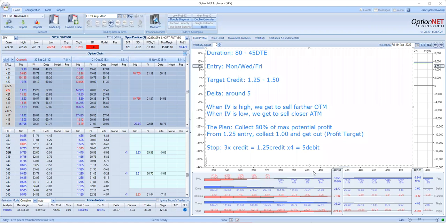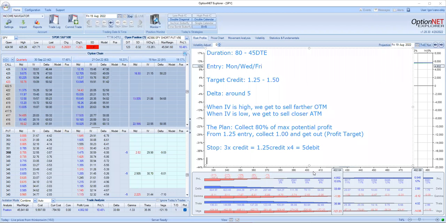So if spiders right now is at 425, let's say today, I'm going to sell something in October and I'm selling, let's say, a 340 put or a 345 put. I need to plan ahead of time, right? If we get to 345, will I take assignment or will I use a stop loss?